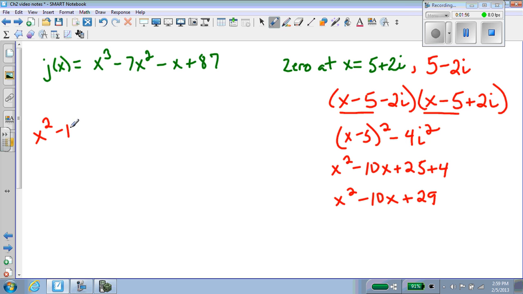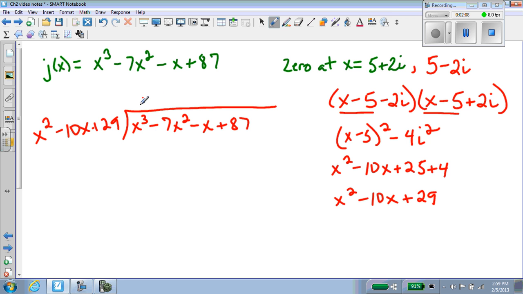x squared minus 10x plus 29 long division into x cubed minus 7x squared minus x plus 87. So I need to multiply by x. I get x cubed minus 10x squared plus 29x. Draw a line.